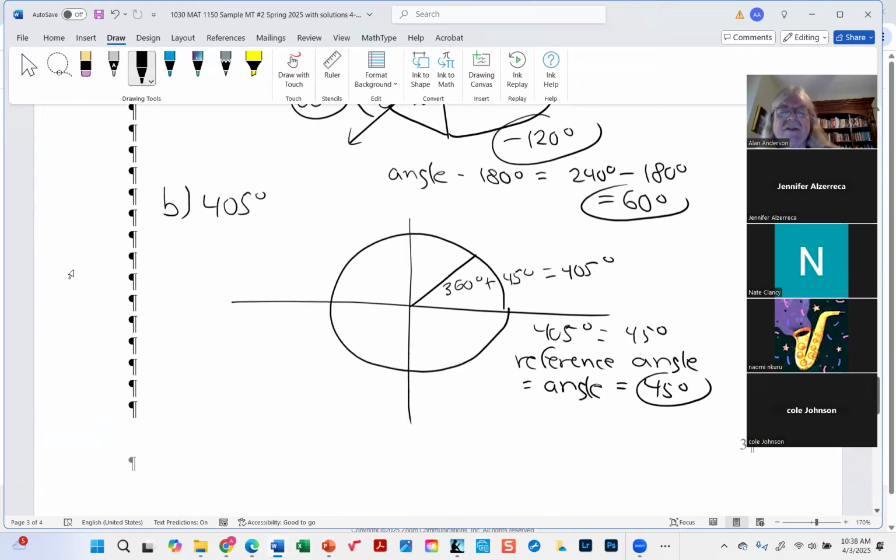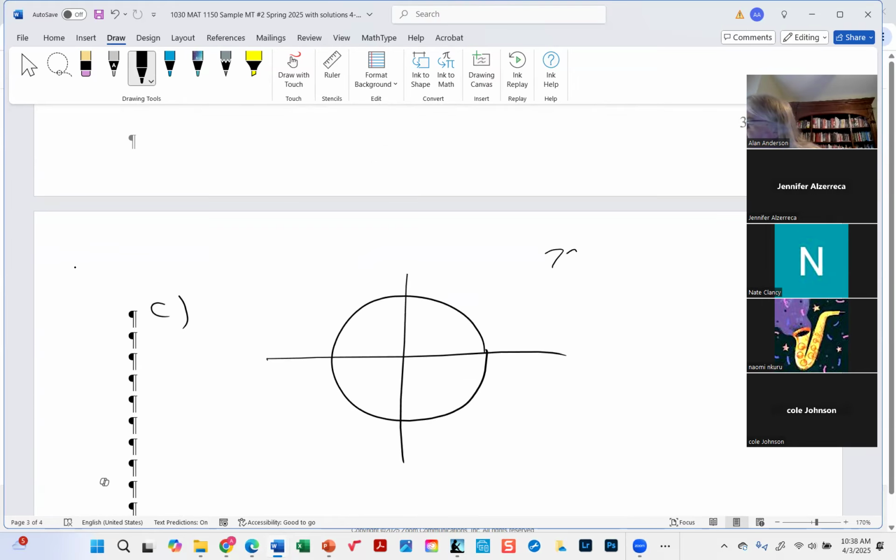How far? Yeah, 760 minus 720, 40 degrees. So you have to visualize that you went around the circle twice and then another 40 degrees into the first quadrant. And so we just saw before that in the first quadrant, the reference angle is the actual angle that you have, which means 40 degrees.